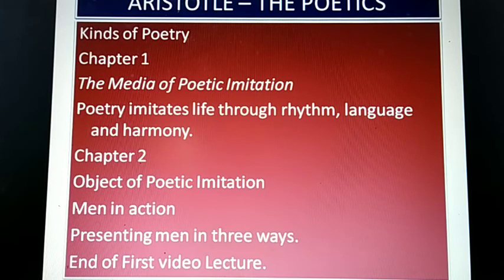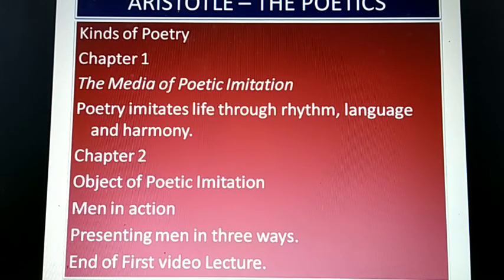For example, Homer makes men better than they are, and Cleophon presents them as they are in reality, as true to life.